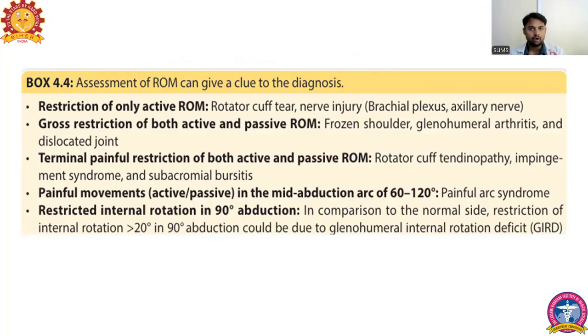Because in osteoarthritis, in this case glenohumeral arthritis, the patient will have pain through the whole range of movements, associated with crepitus.